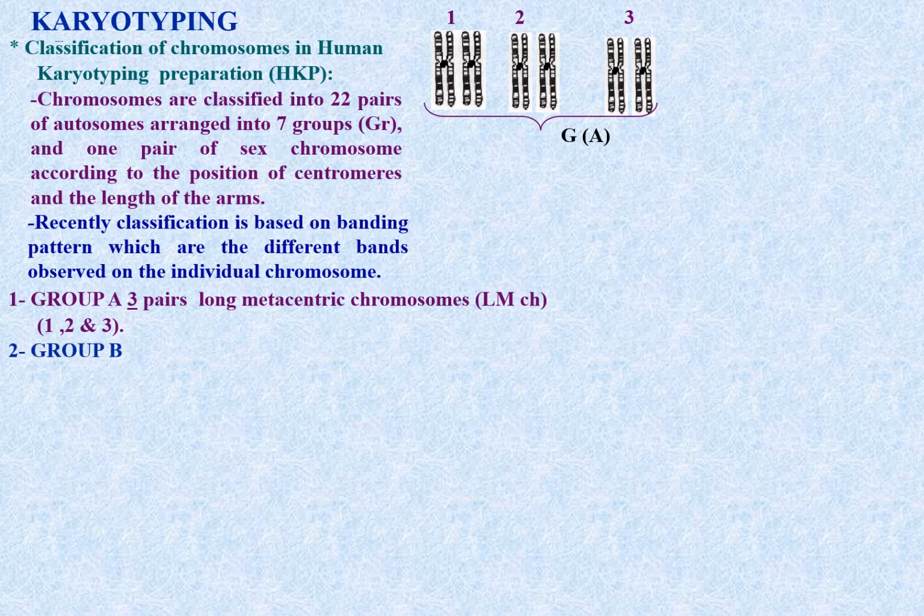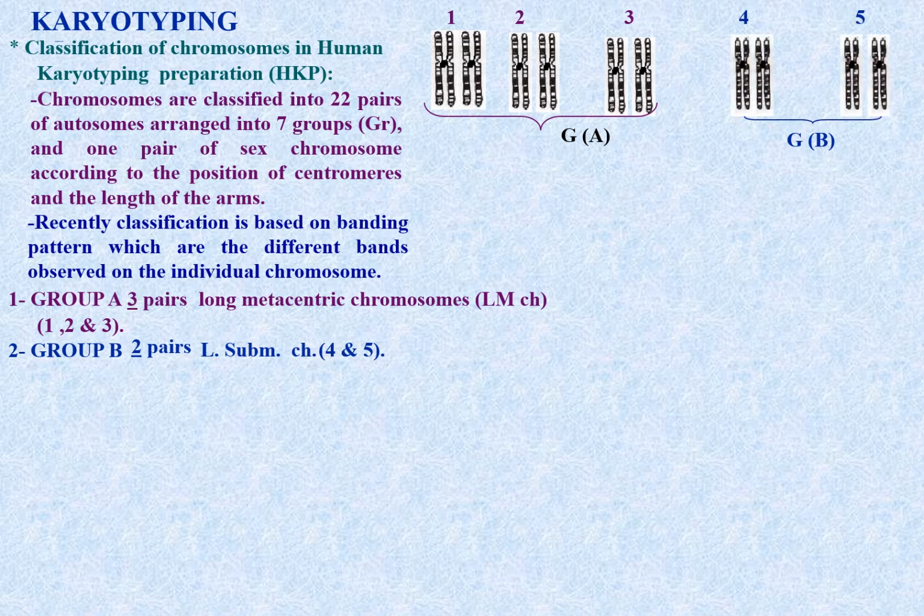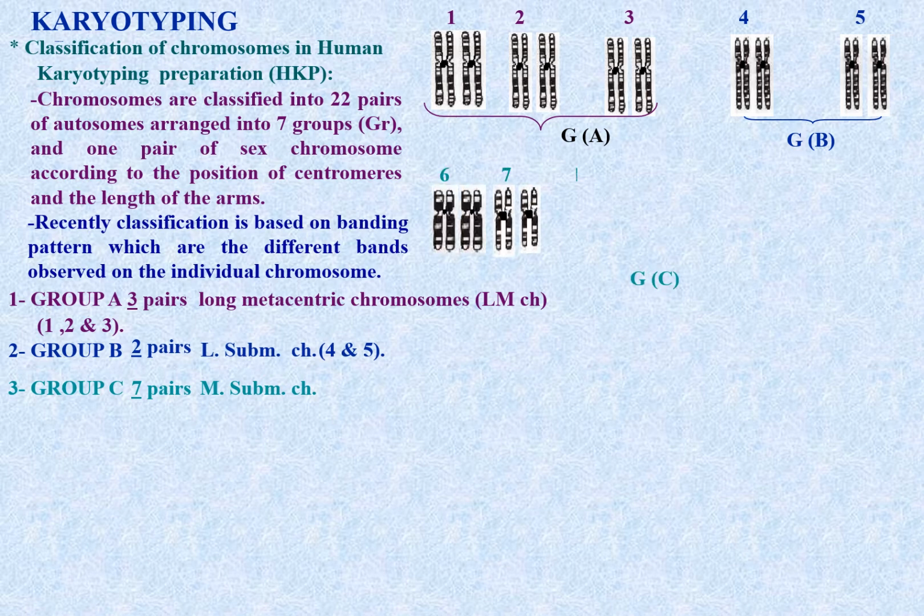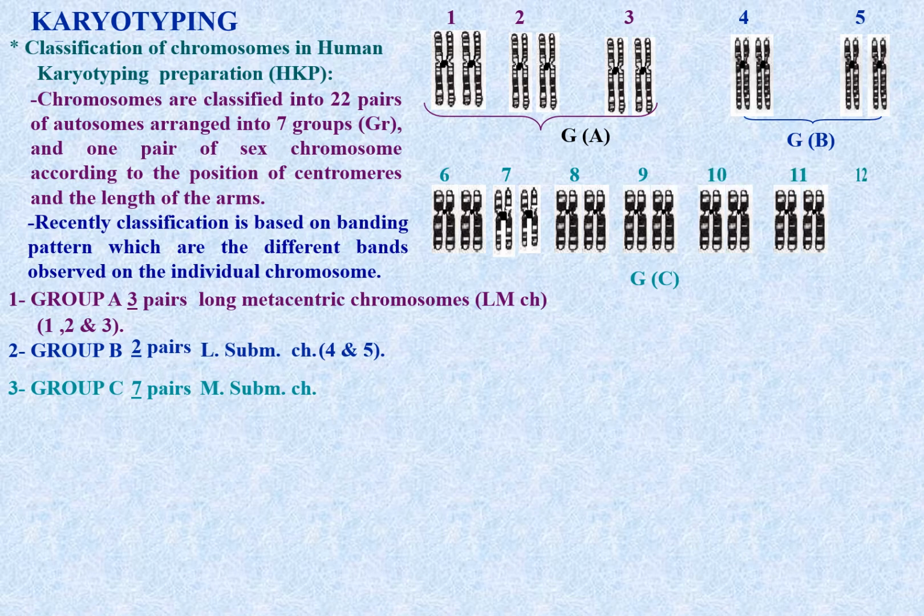Group B includes 2 pairs of long submetacentric chromosomes, chromosomes of pair 4 and 5. Group C includes 7 pairs of medium-sized submetacentric chromosomes, chromosomes of pair 6, 7, 8, 9, 10, 11, and 12.